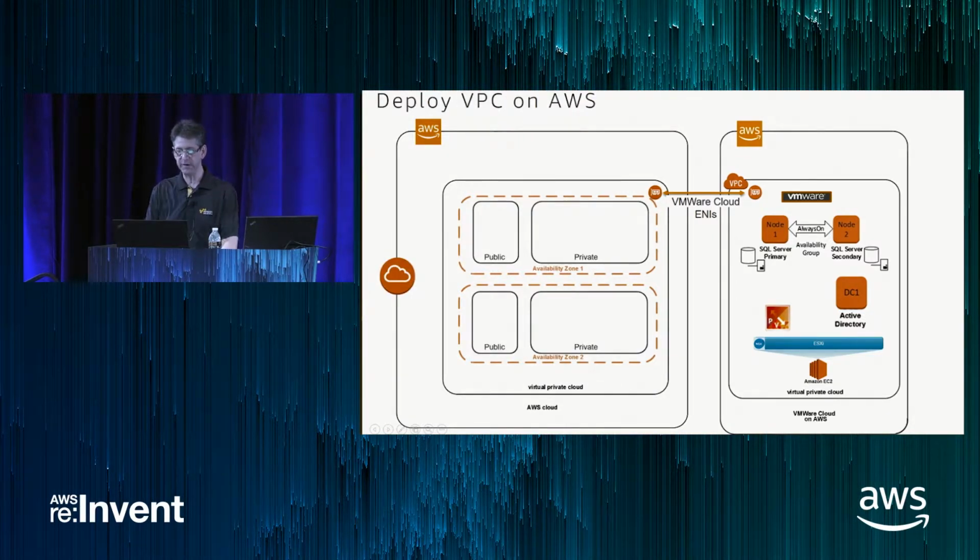Now let's set up SharePoint on the AWS customer VPC. The first thing we do is link these two accounts, and the way we've linked them is by using a technology we're calling VMware Cloud ENIs, Elastic Network Interfaces.